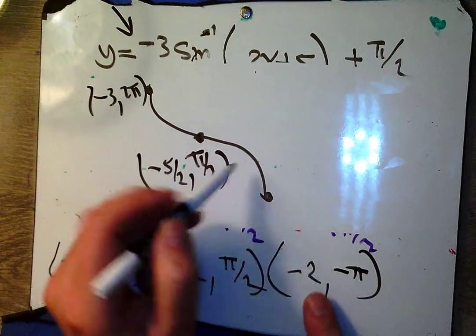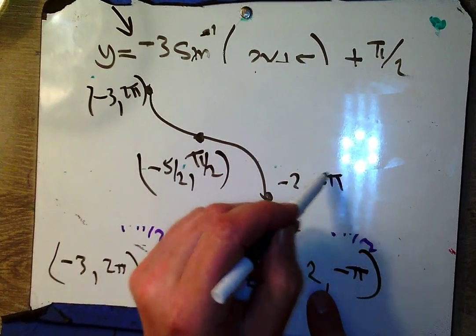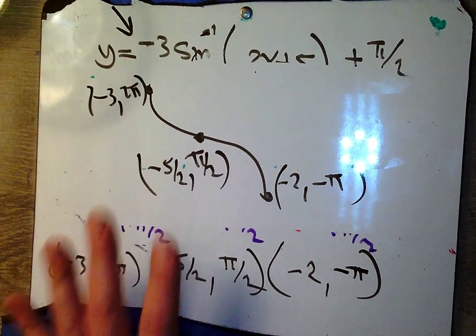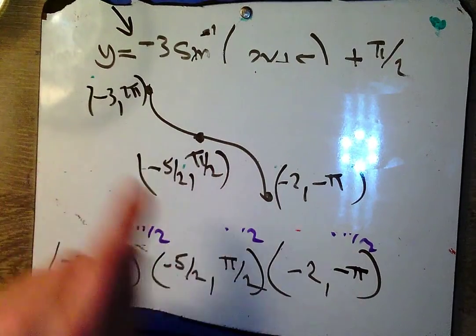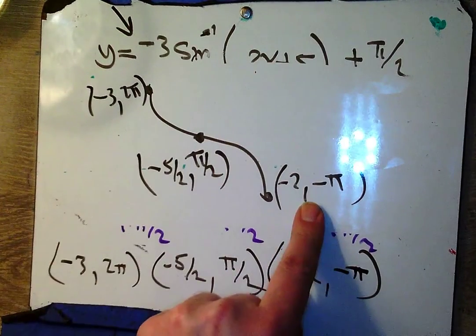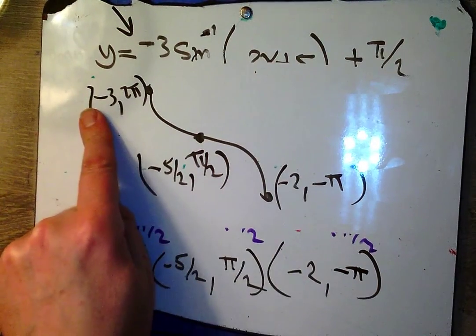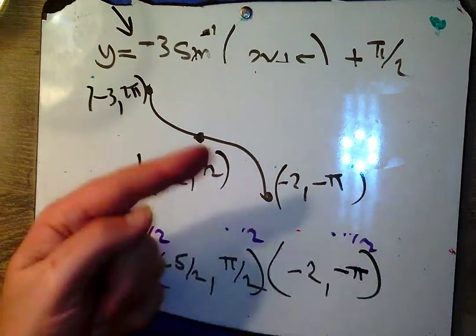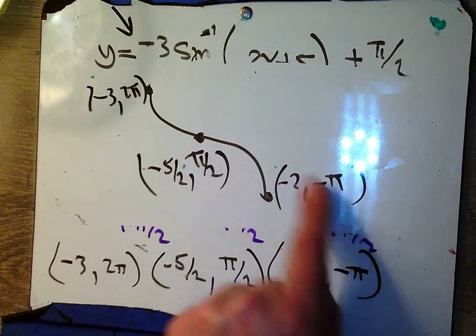And here we've got -2, negative pi. And I would almost beg you to look at this. Because sometimes what happens is people take this point and put it over here, and this point and put it over here, because they see that positive 2 pi, and so they think, oh yeah, 2 pi is that way, and -pi is over there.